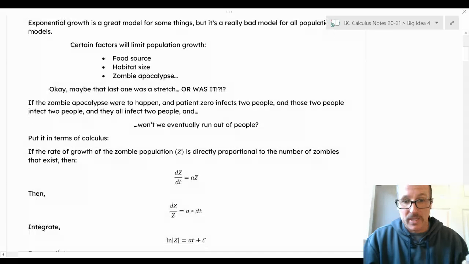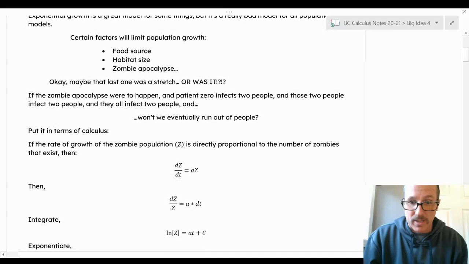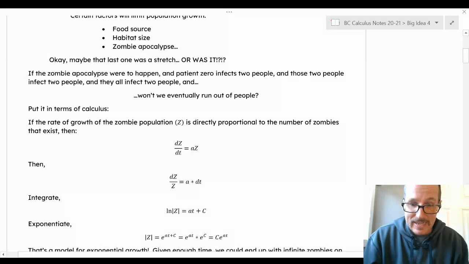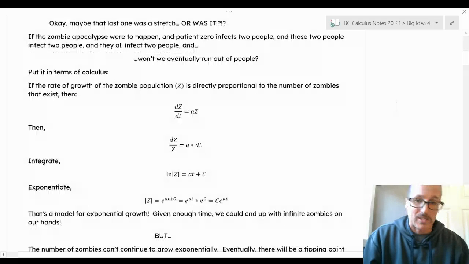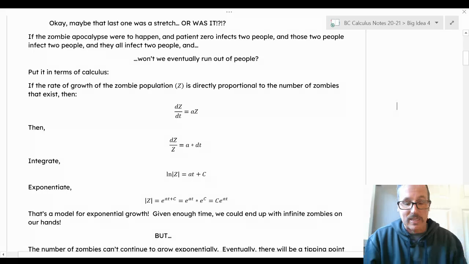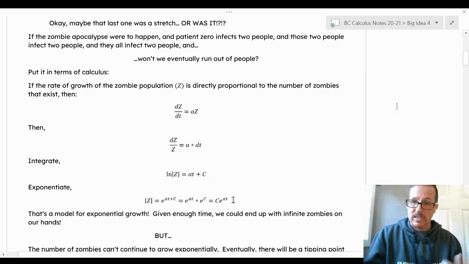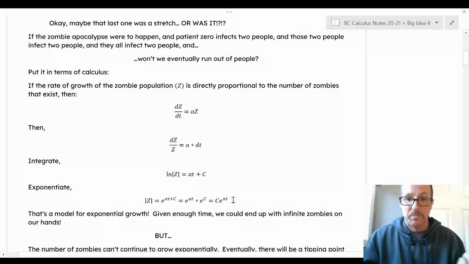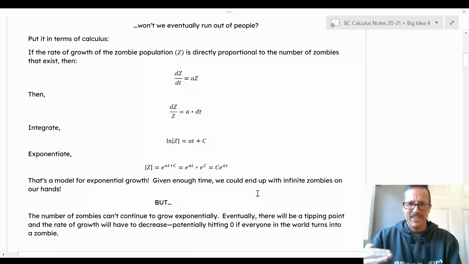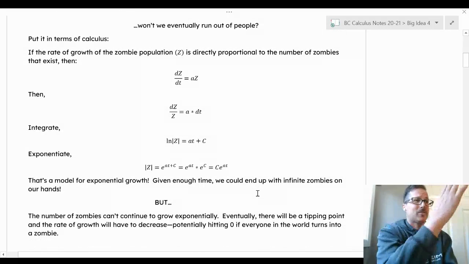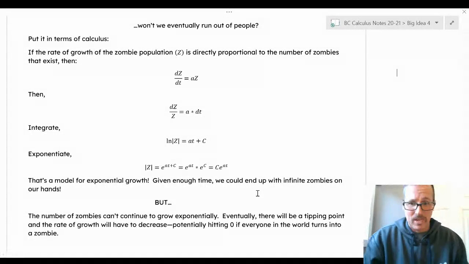Well, then dz over z is equal to a times dt, and then if we integrate all that and exponentiate, solve for z, you get that z is Ce^(at), and Ce^(at) is an exponential growth function. But that doesn't make a whole lot of sense, because exponential growth just goes unchecked forever. You could end up with an infinite amount of zombies. That's not possible.